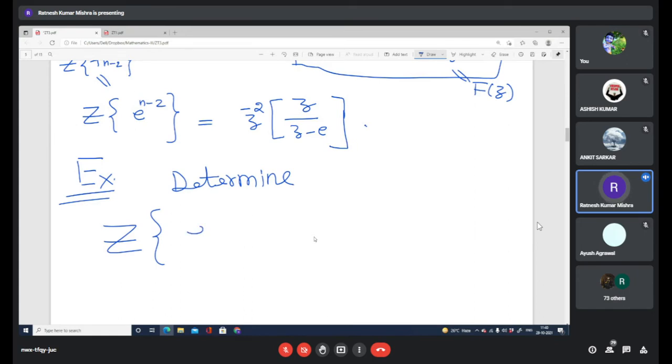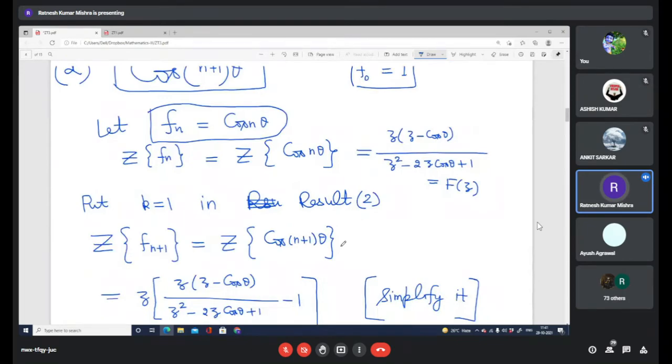Z transform of e raised to power alpha n cos beta n, इसको कैसे सॉल्व करेंगे। How can you find this one? सर, e to the power n f(n) वाला प्रॉपर्टी। Yes, correct.